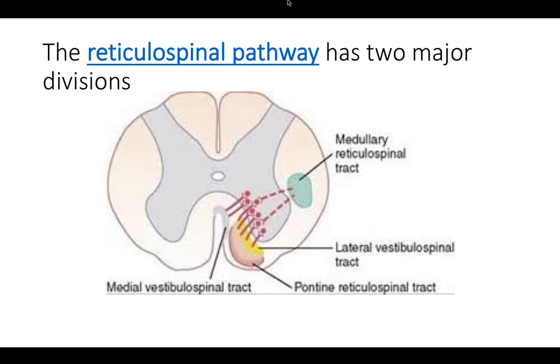Now, you can see the cross section of the spinal cord which depicts the reticulospinal pathway and its two divisions. As I told you, the medullary tract runs in the lateral column of the spinal cord and the pontine reticulospinal tract runs in the anterior column of the spinal cord. So the position is quite clear in this picture.